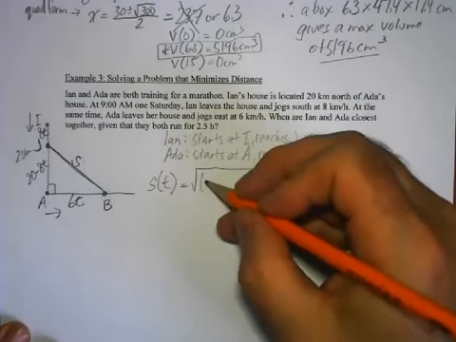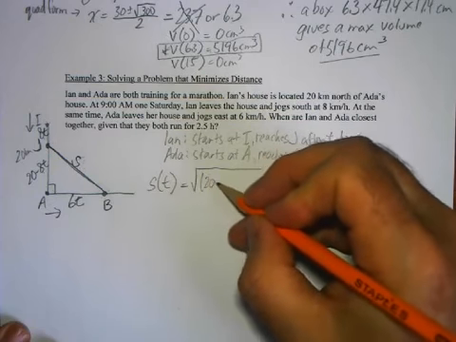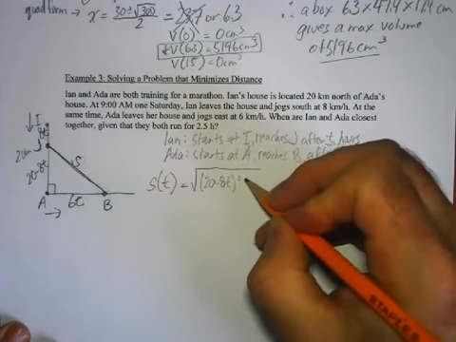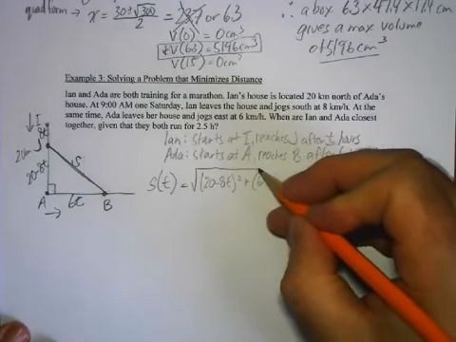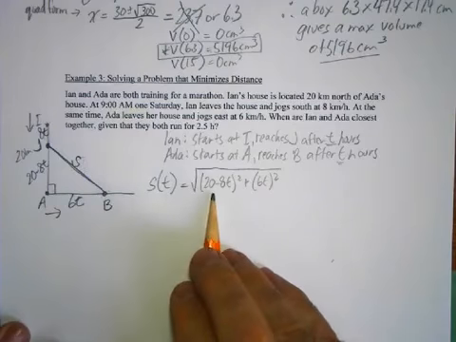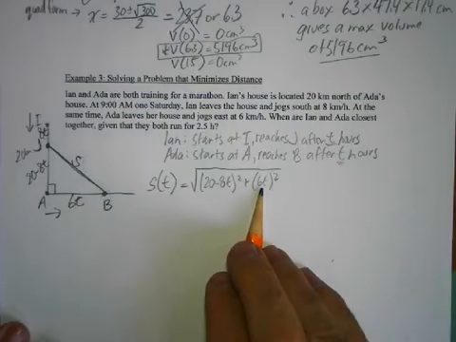So I've got (20 minus 8t) squared plus (6t) squared. Important to have the brackets, because you're squaring the 6 also.